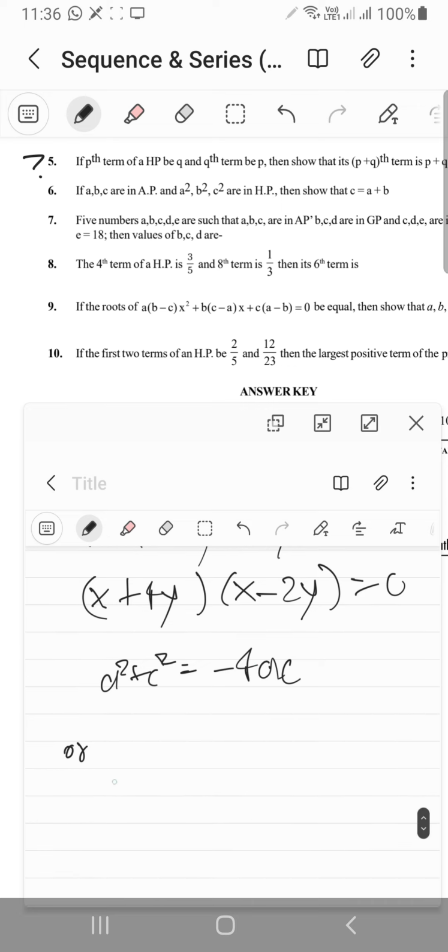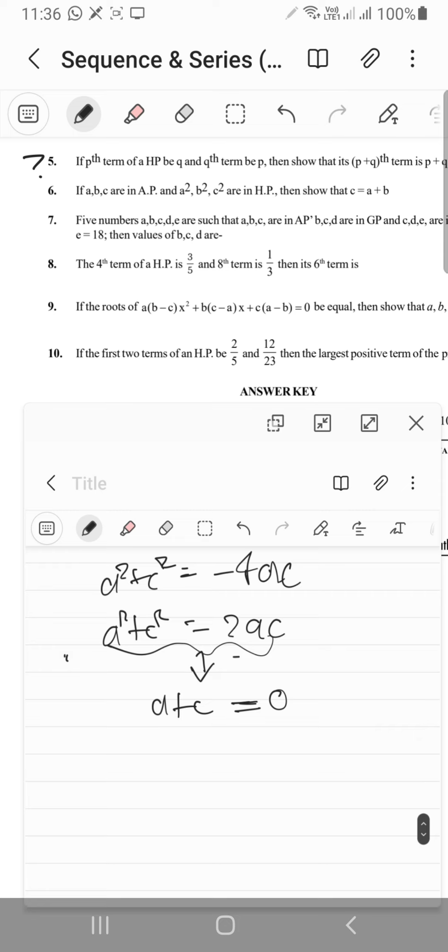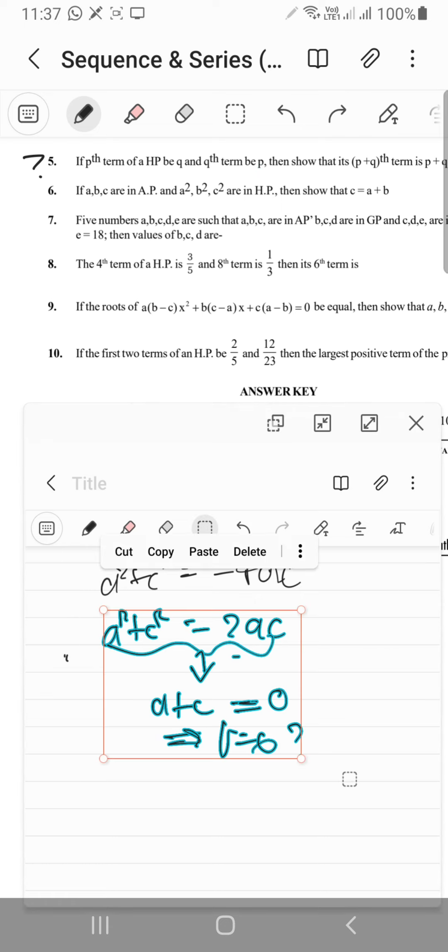But how can this be? Okay, whatever. Either this is happening, or you have a squared plus c squared equal to 2ac. This equation would just mean that a minus c is 0. That's weird. A plus c is 0, but that means b is 0, and this makes no sense, because 1 upon 0 is not defined.